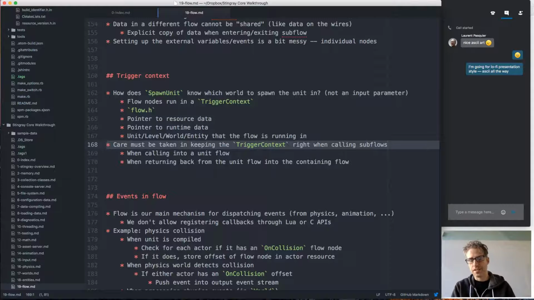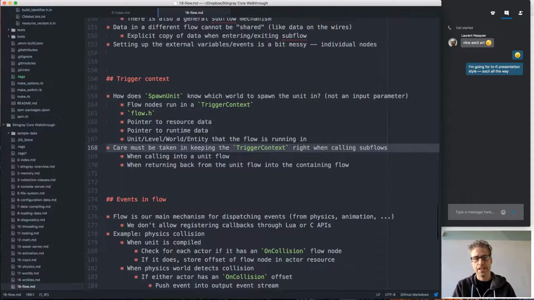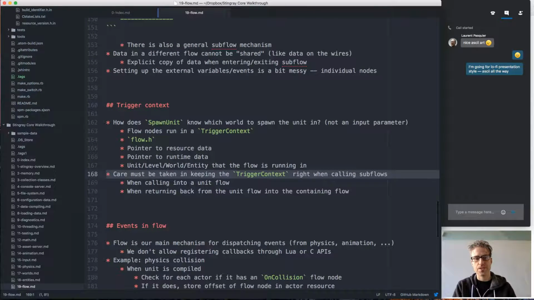One thing that needs to be handled carefully, and that you will see some special code for again in the flow execution, is that when we are stepping into a subflow or stepping out of a subflow, we need to update the trigger context so it represents properly the flow we're currently in.